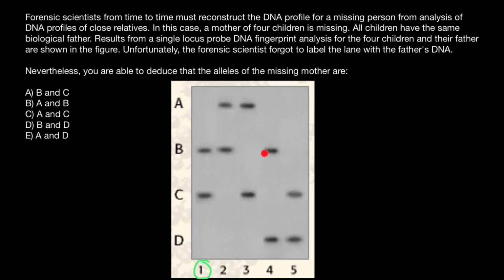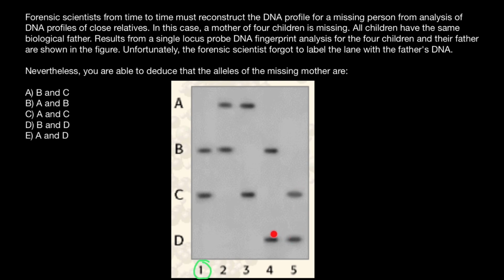Can this person be a father of the rest? For example, with child number 5, he shares one allele, D, and with child number 3, he doesn't share any allele, no B, no D. So this person number 4 cannot be a father of all the children. So now let's check the last variant. Can person number 5 be a father of the rest?